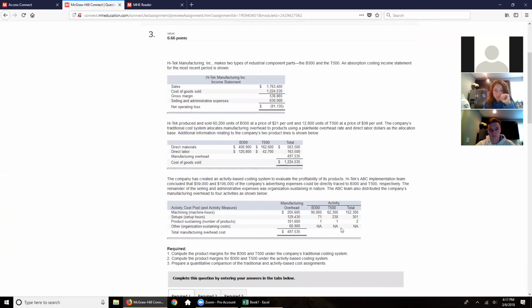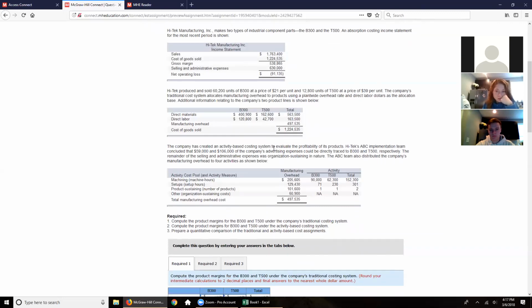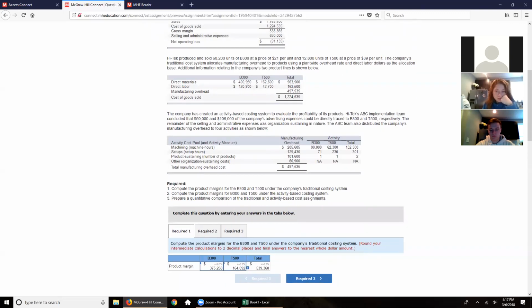In this problem, we had two products, the B300 and T500, and they gave us the direct materials and direct labor amounts. To get a per unit amount, we'd divide by the number of units produced, but we can leave it at the total to find the total product margin.